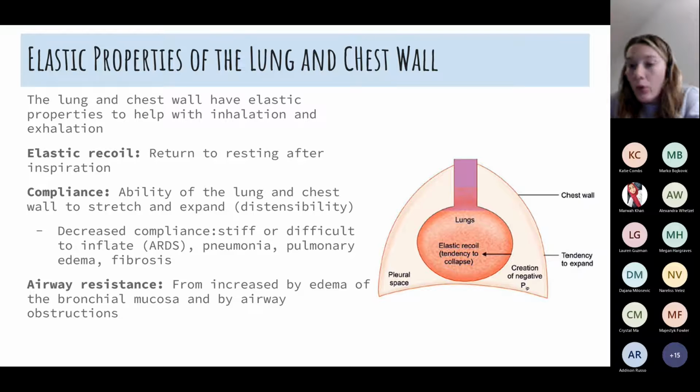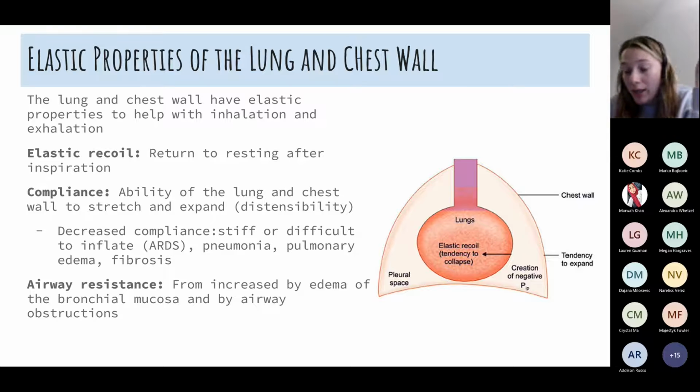Our whole chest and lung wall is pretty elastic. It helps us inhale and exhale and allows us to do it again and again and again. When we talk about recoil, think return to resting. This allows us to take a nice deep breath in, and then when we breathe out, we can bounce back.